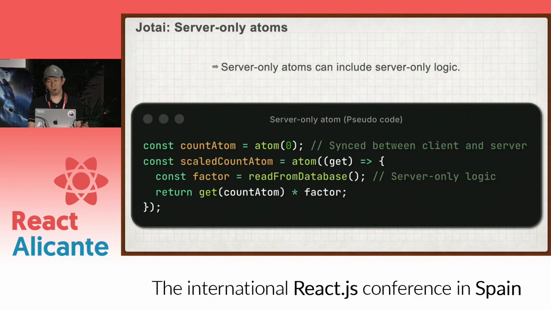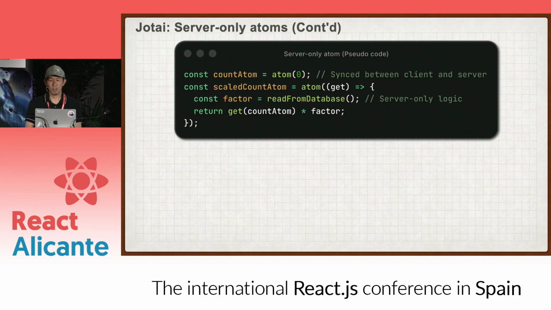As you can see, the factor comes from a database that only exists on the server. It's possible because the scaled count atom runs only on the server. We call it the server-only atom. This is still pseudocode, but I hope you get the idea.